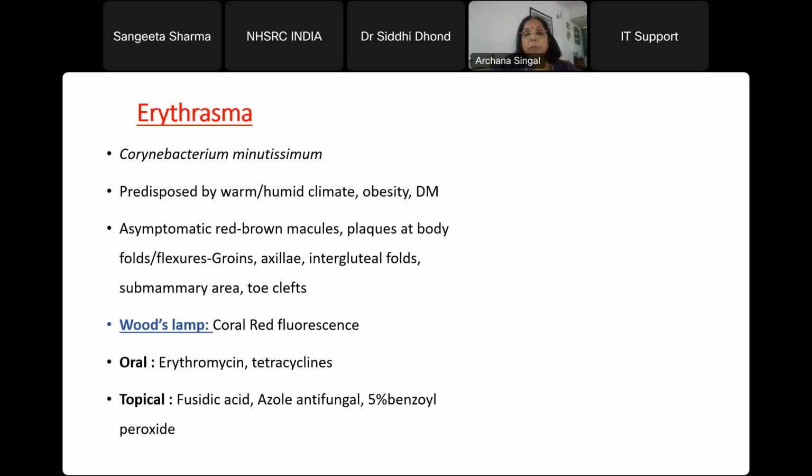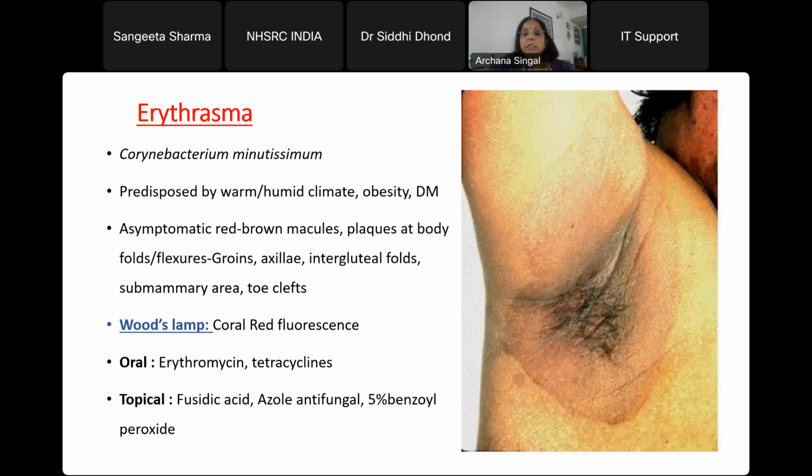Can we have the picture, please? Next. Yeah. So this is a well-defined erythematous lesion. Patients usually are treated as if it is tinea cruris, but there is no scaling, and it is extremely well defined.